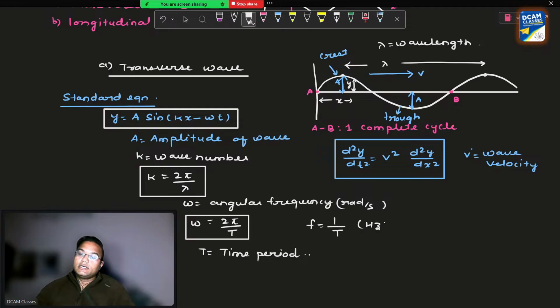Its unit is hertz. How will you identify which frequency they are talking about? If the unit of the given frequency is hertz, it's 1 by time period. If it is given in radian per second, then it is 2 pi by T. Okay, till here, everything okay now?